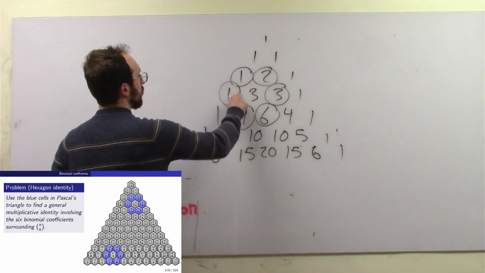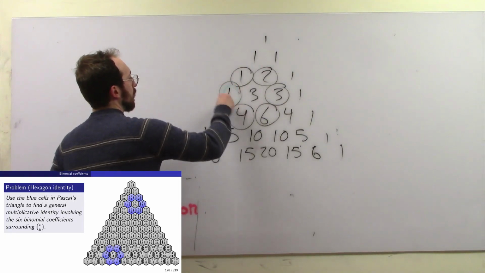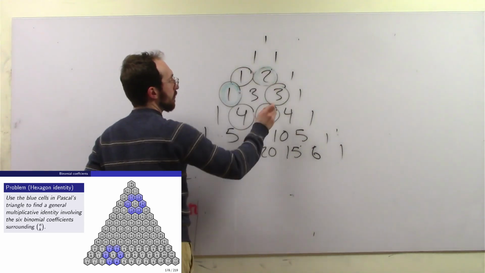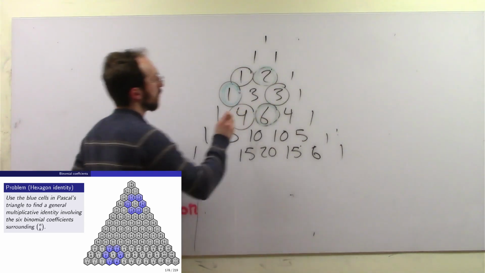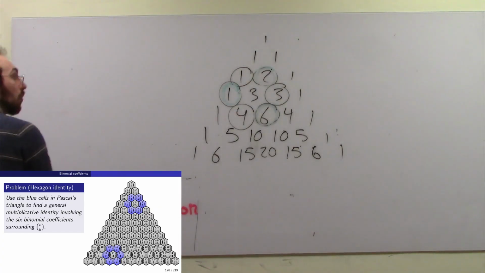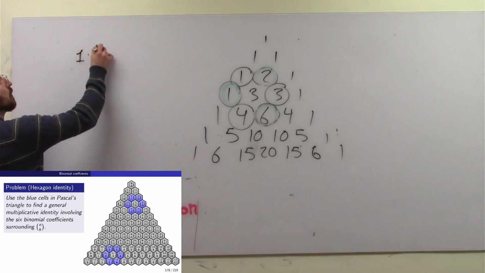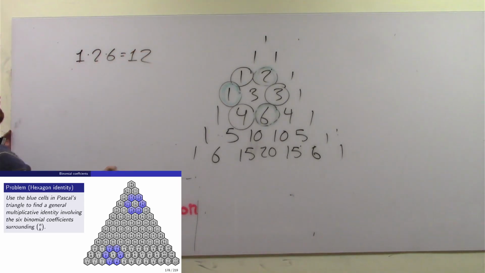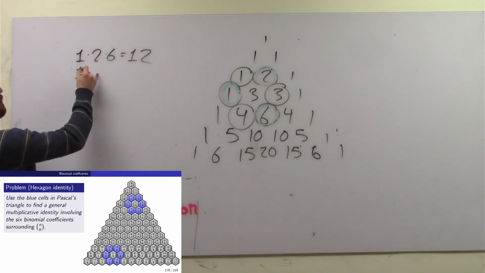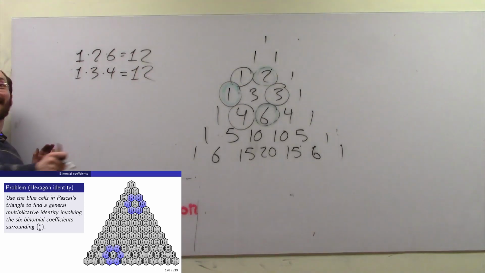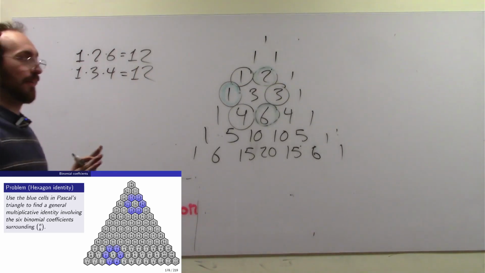Oh gosh, please don't ruin the board. Okay, so you're saying this 1, this 2, and this 6. Okay, and multiply those. Let's see what we get. Ooh. 1, 2, 6. Okay, I don't know.